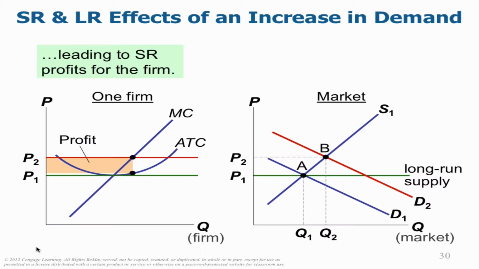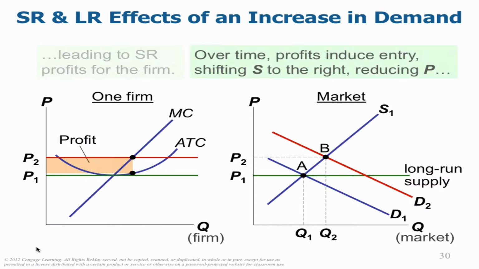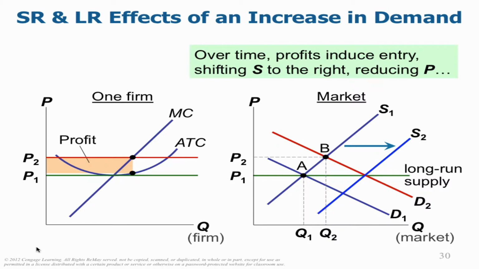I want me some of that, and so they enter the market, which does what to the market supply or the market graph? It's going to drive supply to the right, which will bring price back down to its long-run price.